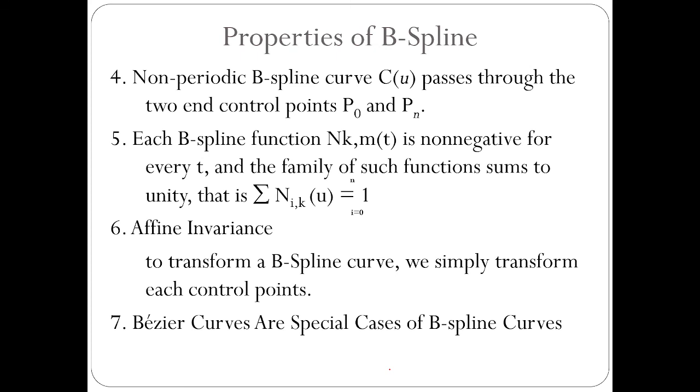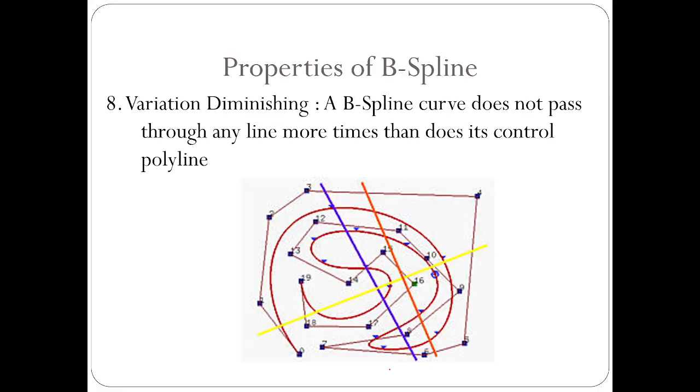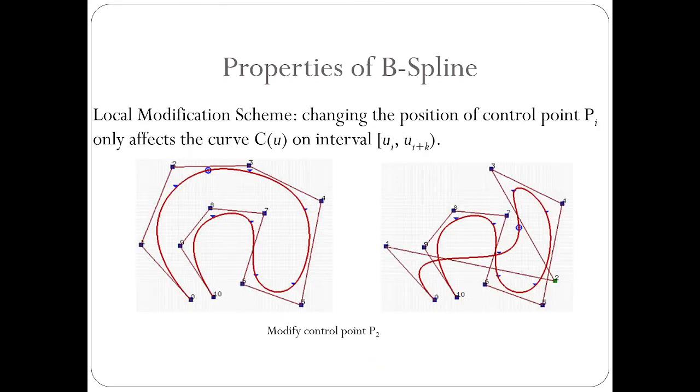Bezier curves are special cases of B-spline curves. With the variation diminishing property, a B-spline curve does not cross any line more times than its control polyline does. So these are the 8 properties.